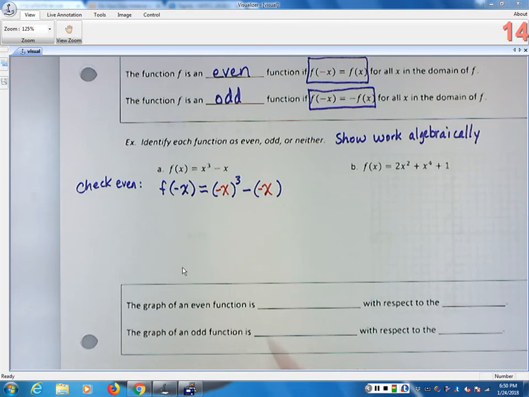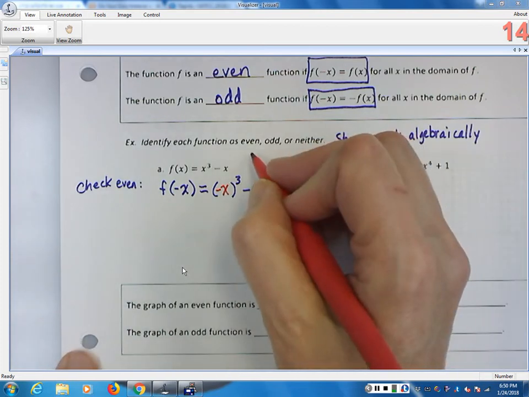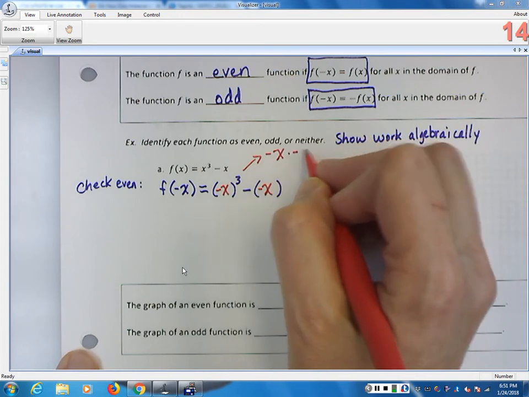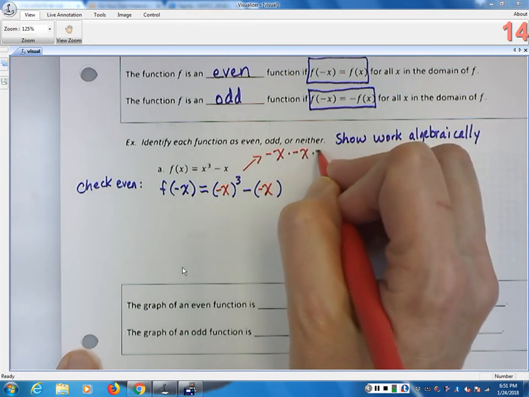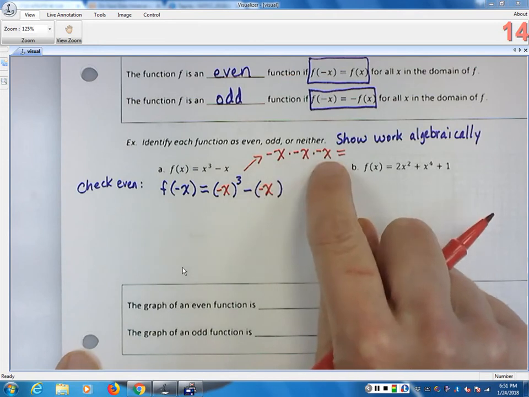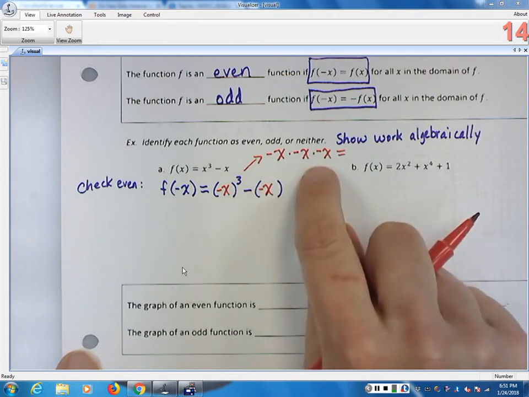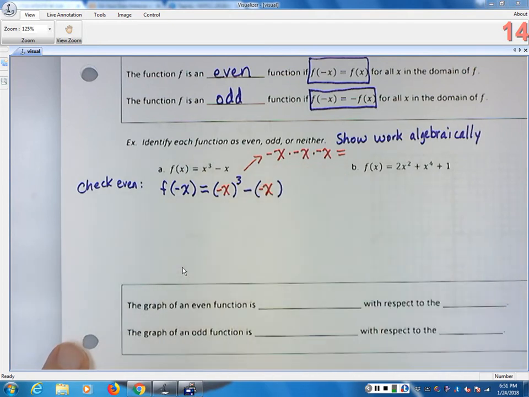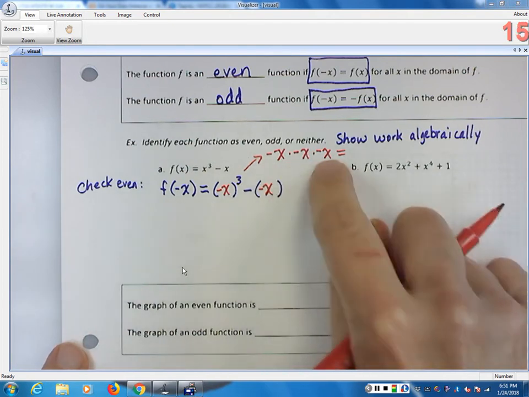Now, minus x to the third means minus x times minus x times minus x. You don't have to show this part, but I'm showing it to you in case you don't understand. 3 minus signs multiply together. 2 make a positive, so you have a negative.